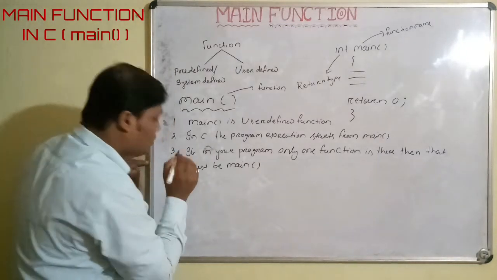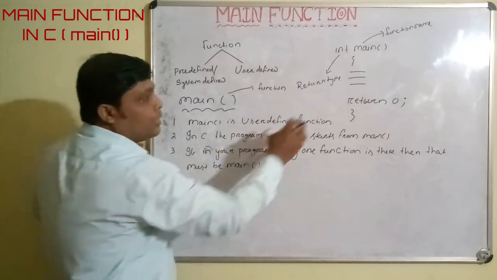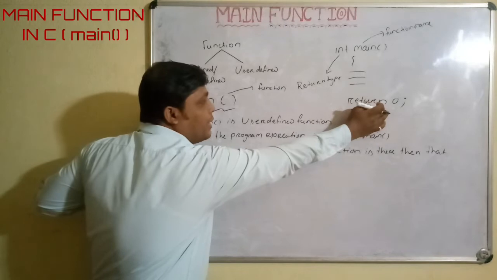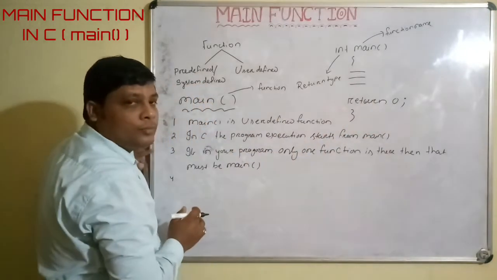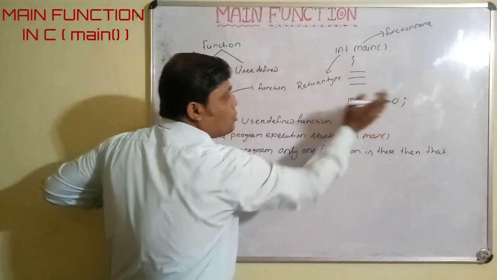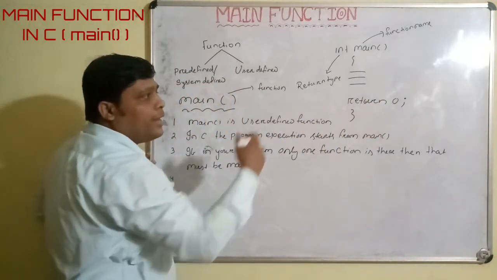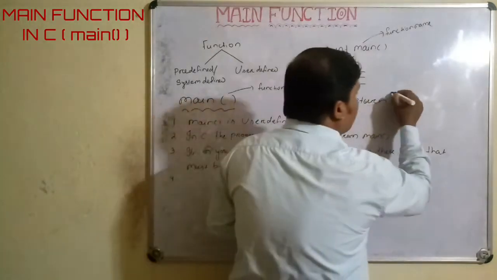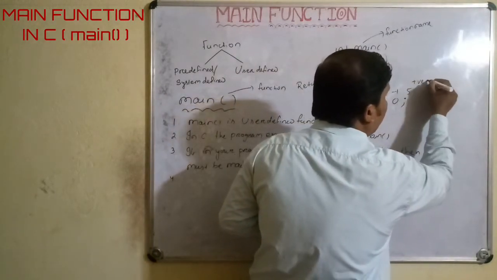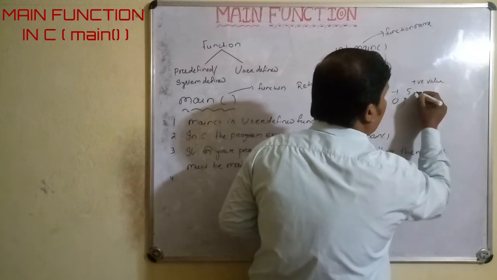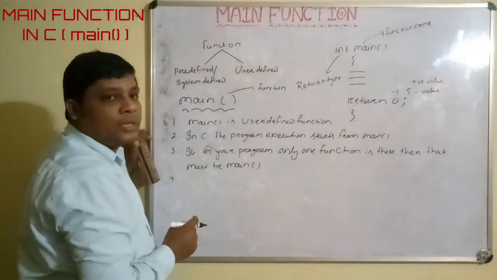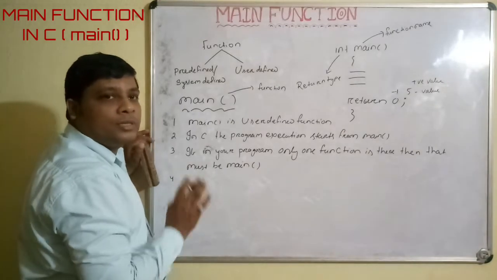Then you can see in the main function at last generally we are writing return 0. This 0 means what? Can you write -1 or 5, any positive value or negative value? Can you write? Yes.